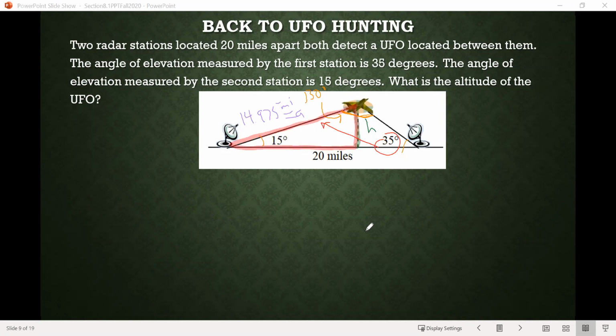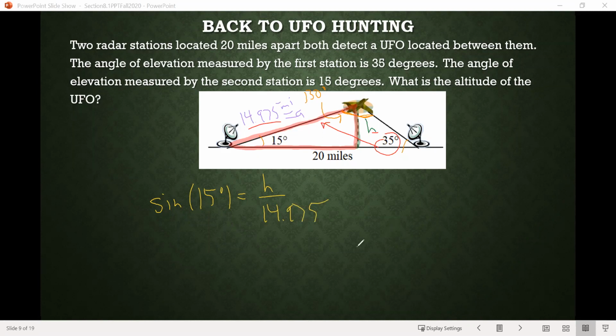Still trying to find that length of side H. We know this side here now, so we can use a trig ratio in a right triangle to help us solve for it. Here I think we would do sine of 15 degrees, because the side H is the opposite one over the length of the hypotenuse, which is 14.975.